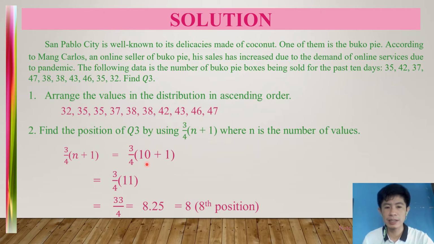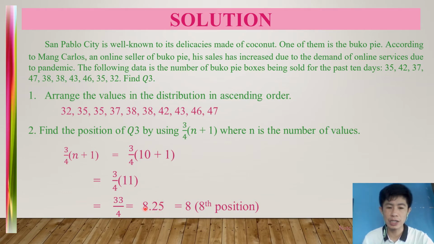So we will just replace n by 10. Okay, so 10 plus 1 is 11, and we will multiply 11 by 3/4. 3 times 11 is 33, divided by 4. 33 divided by 4 is 8.25. Since we are looking for the position, we need to round this to the nearest integer.